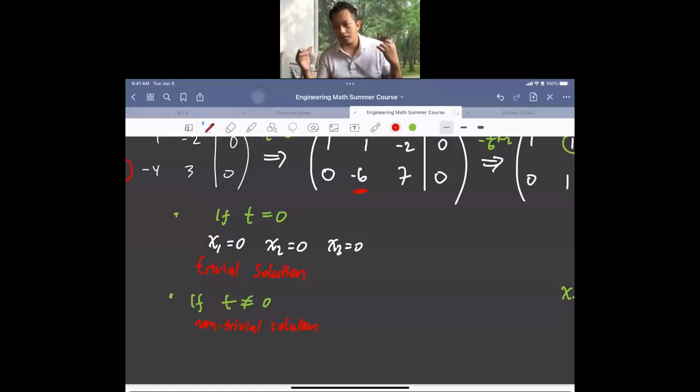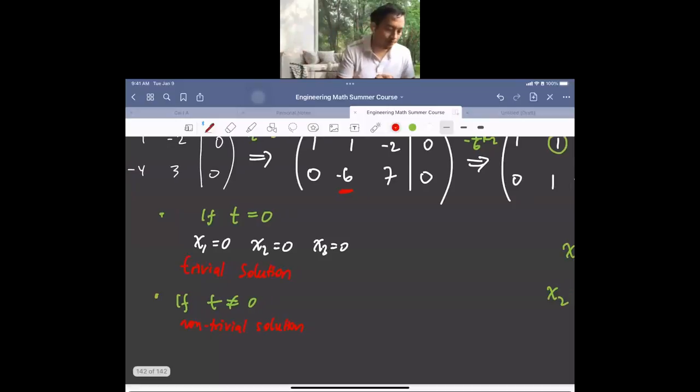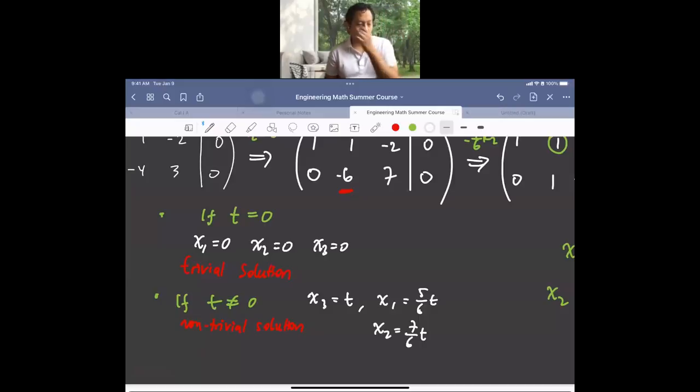It's kind of similar to what we have in differential equations, where we call some solutions the singular solutions, right? The singular solution that makes everything go to zero, right? We call this the non-trivial solution, or we can say that if x3 is t, x1 is 5 over 6 t and x2 is 7 over 6 t.